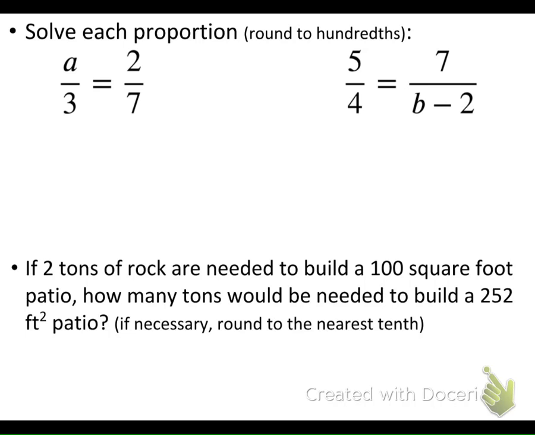So, how do we solve each proportion? What's the first thing that we do? Cross multiply. So where do we want to cross multiply first? Okay. So 7 times A, and then 3 times 2 is 6. Okay. Now what do we do?